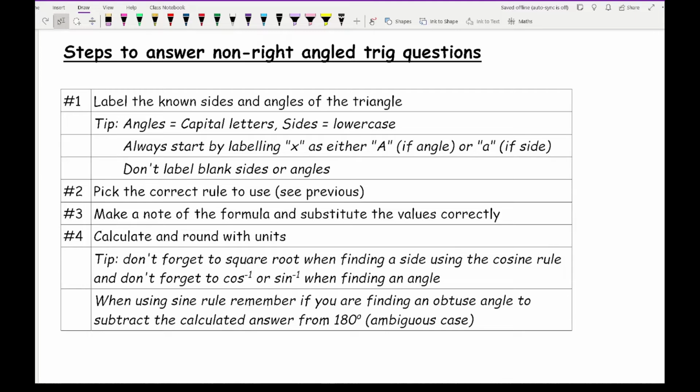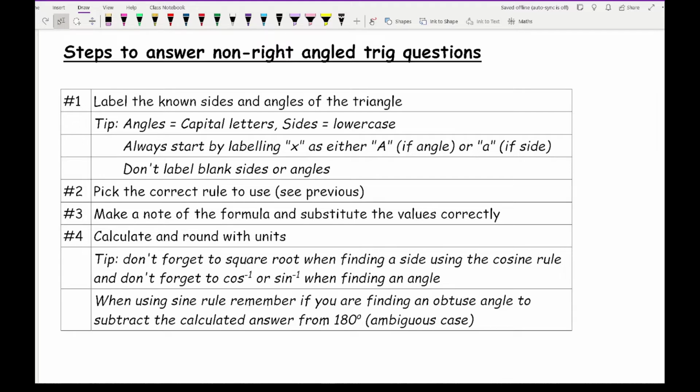The first thing you want to do is label the known sides and angles of the triangle. Again, angles are going to be capital letters, sides are lowercase letters. A good tip is always to start by labeling x, or what it is you're actually trying to find, as either capital A or lowercase a if it's an angle or a side respectively.